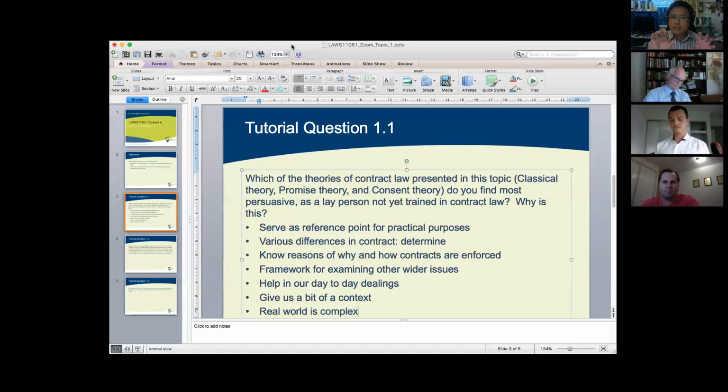Because a theory is by necessity a simplified version of reality, it's difficult to come up with a theory that explains everything. So sometimes you can explain a reason of a court based on, let's say, the classical theory. Sometimes you can explain it on the basis of a promise theory, or the consent theory. It could be the empirical theory. It could even be the critical theory. So there are various ways by which reality is being explained.